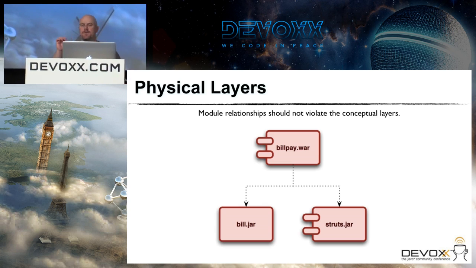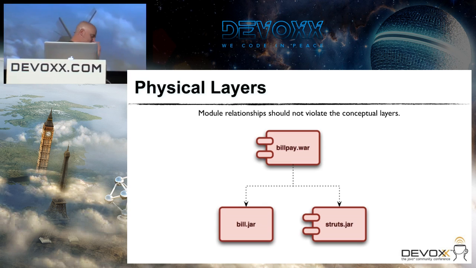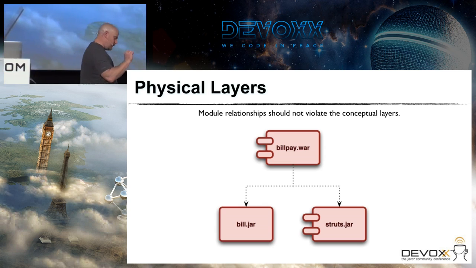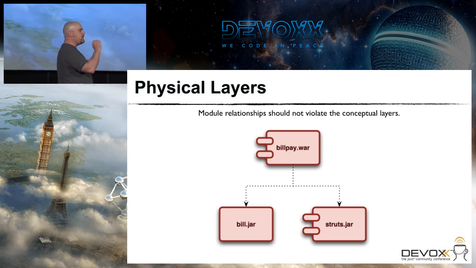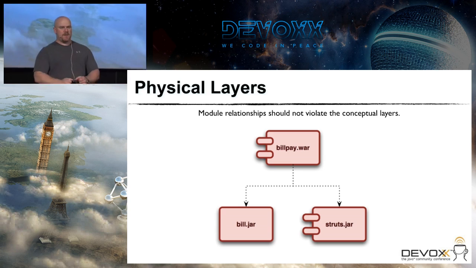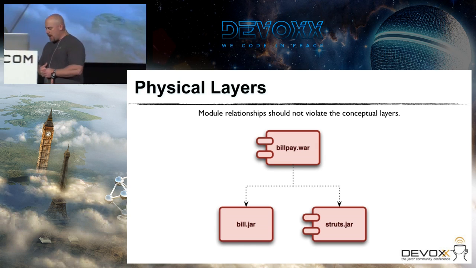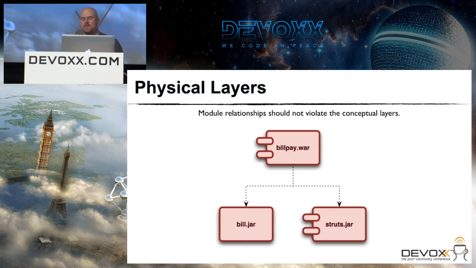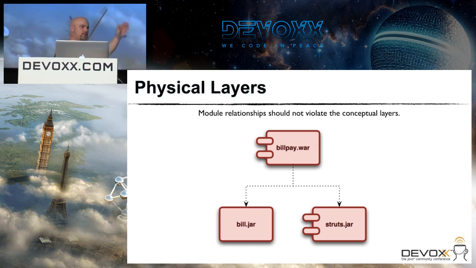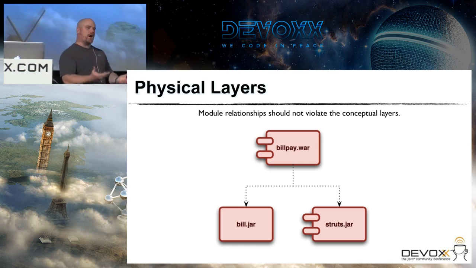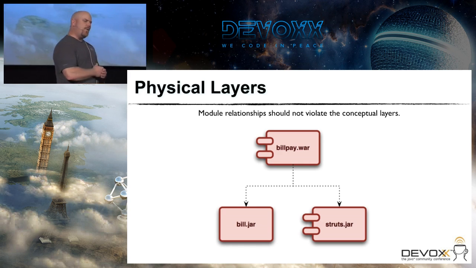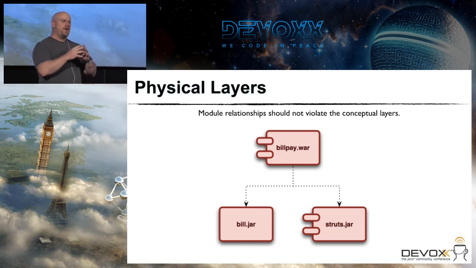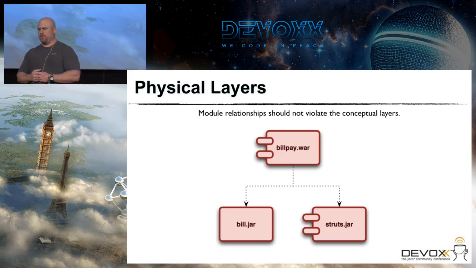Now, as we walk through these examples, I want to point something very important out. And that is, you have to keep in mind that this system has been simplified for the purposes of demonstration. As a result of that, many of the modules that we'll see here and that we'll talk about tend to only have a couple, maybe three, maybe a few classes at most inside of them.